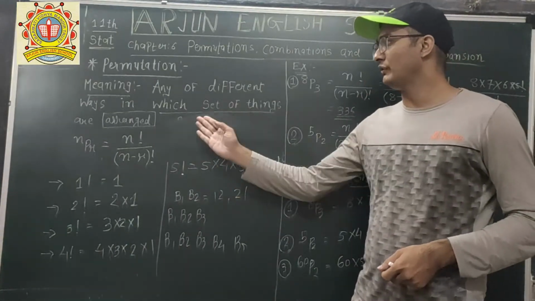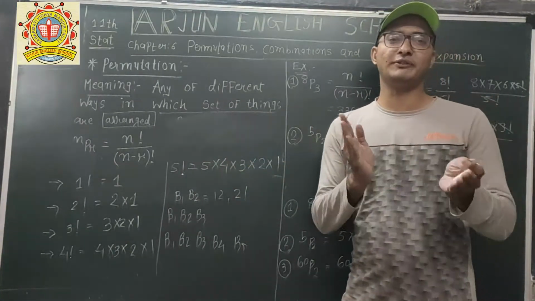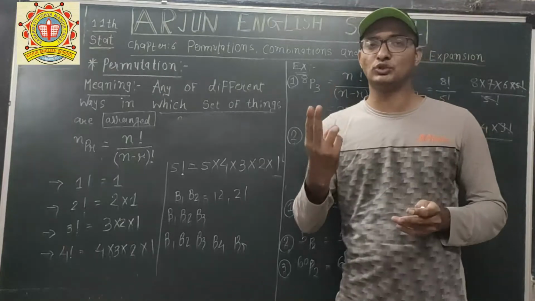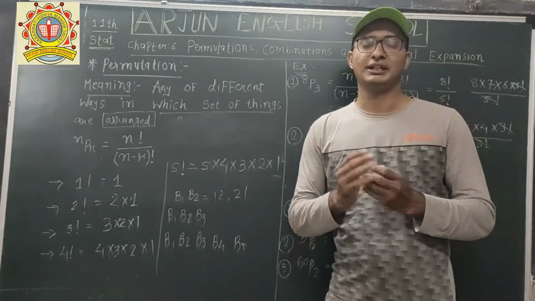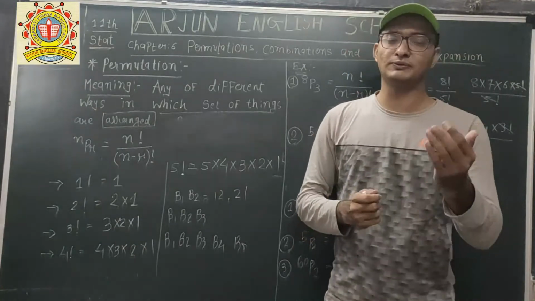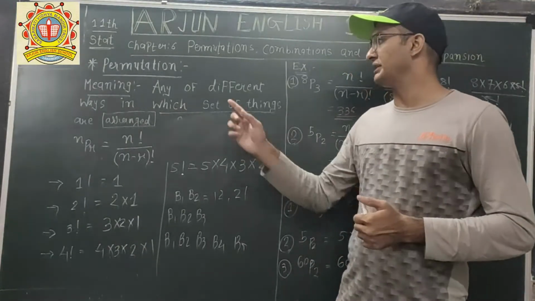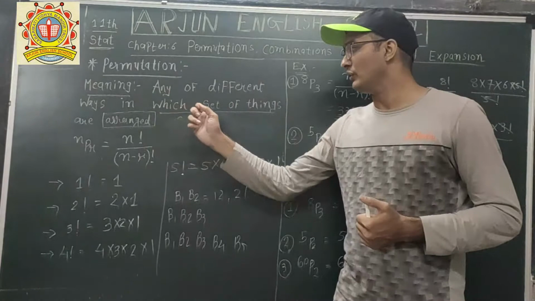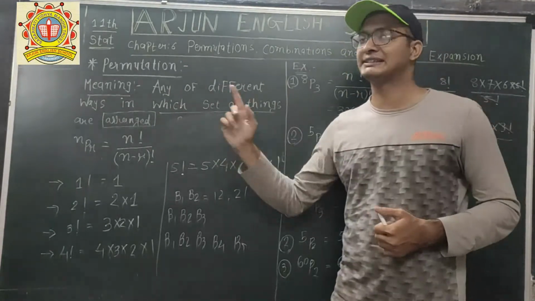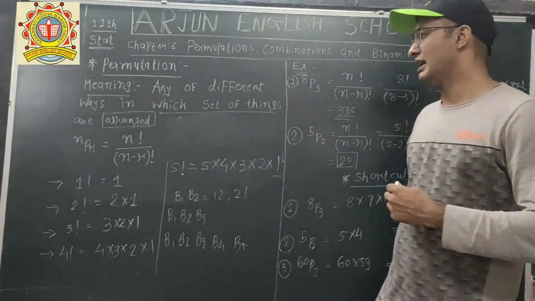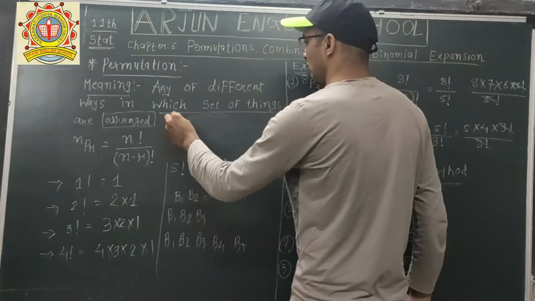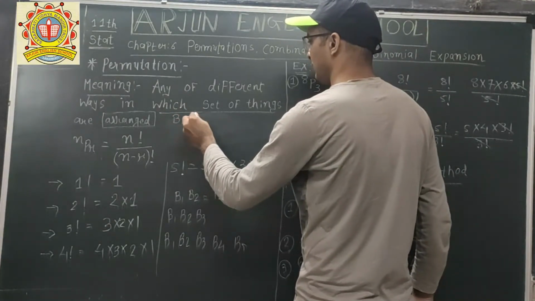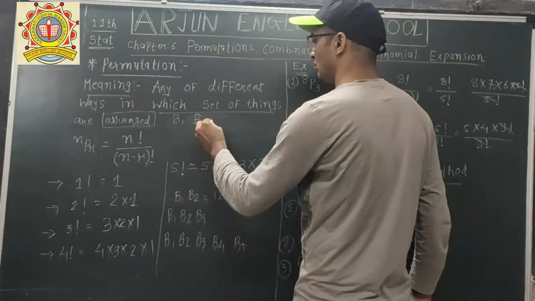So different ways means different types, where if there are two boys, then B1 is first and B2 is second. In another way we can say that B2 is first and B1 is second. So these are the different ways in which a set of things are arranged. Now let us say there are two boys, B1, B2.